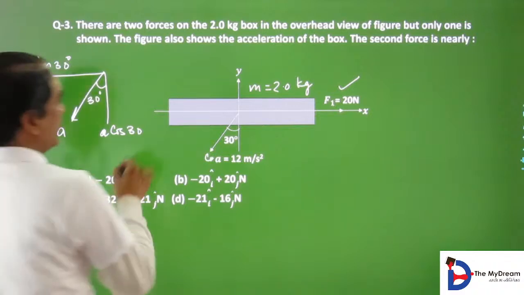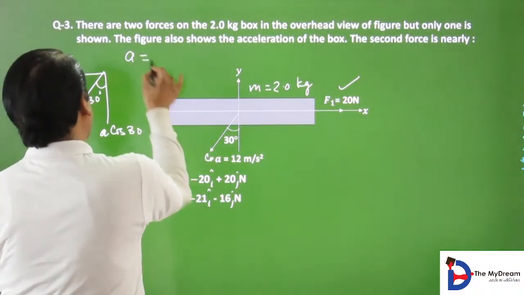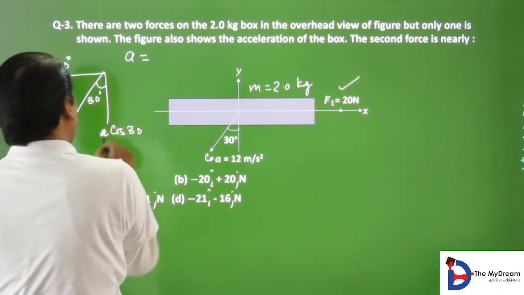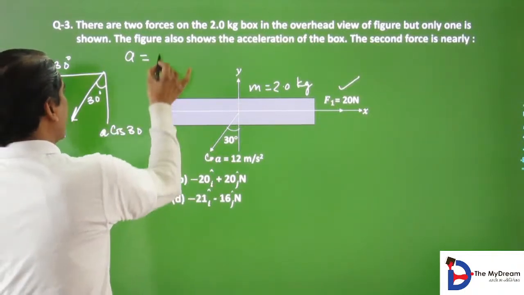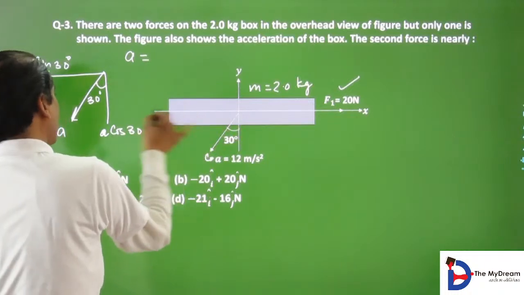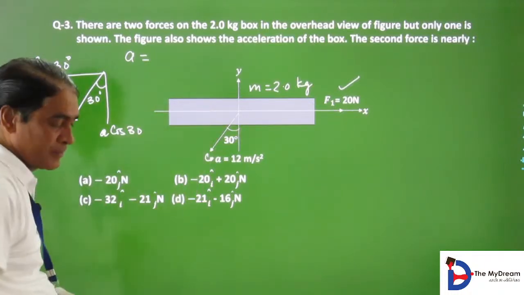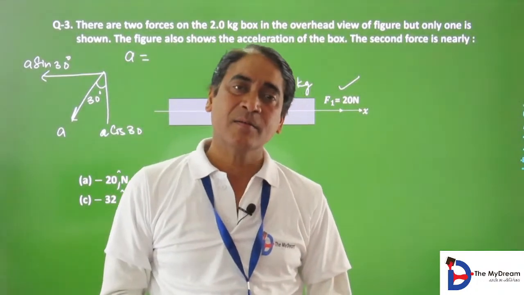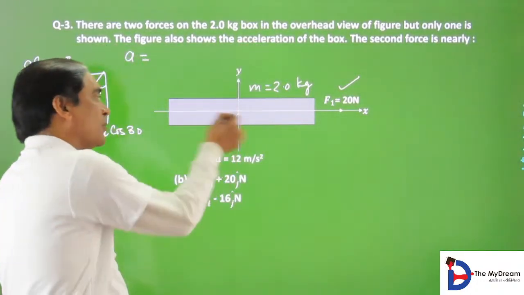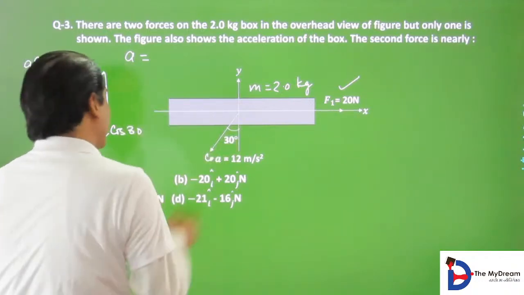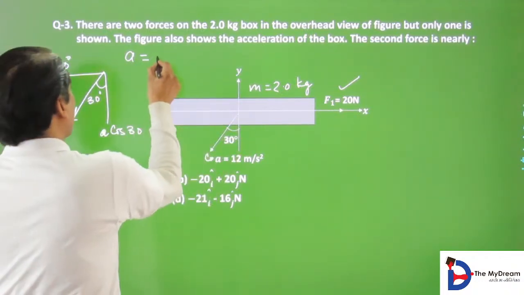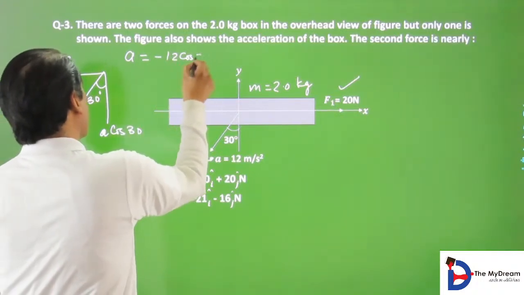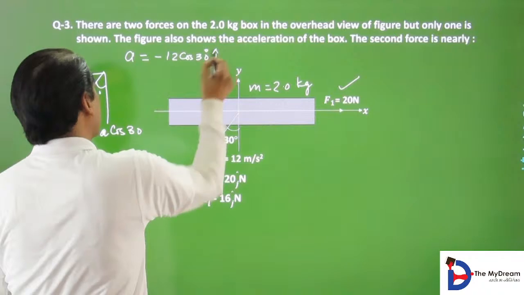The magnitude of the acceleration A is 12, and it is on the negative axis. On the x axis, this portion is on the negative axis. So on the negative axis we write minus 12 cos 30 degree i.